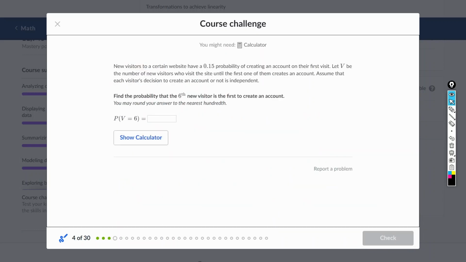好，第4题，A new visitor of a certain website has 0.15 probability of creating an account on their first visit. Let V be the number of new visitors who visit the site until the first one of them creates an account.